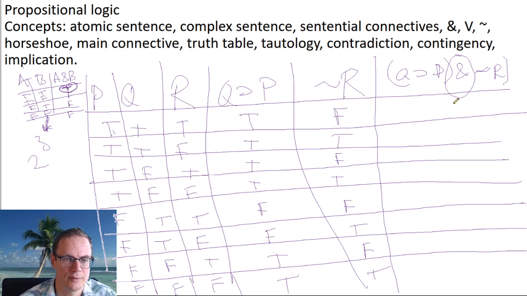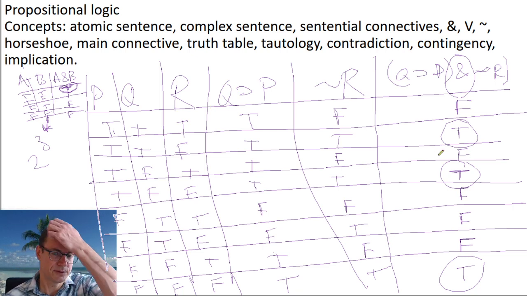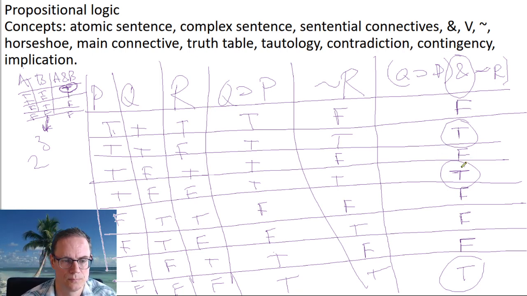So here we have T and F, F. T and T, T. T and F, F. T and T, T. F and F, F. F and T, F. T and F, F. T and T, T. So we get true here, true there, and true there. That's how you build a truth table with sentences consisting of 3 atomic letters.